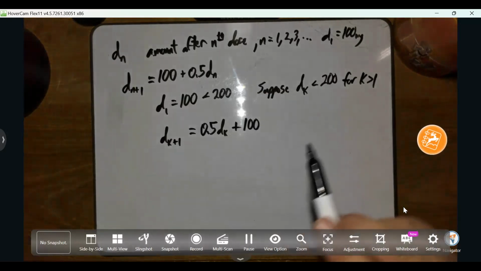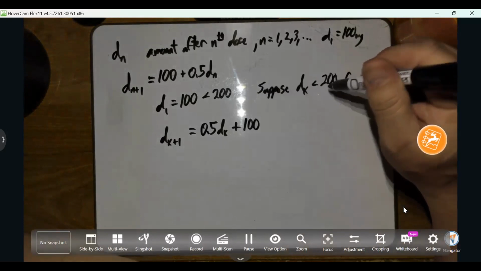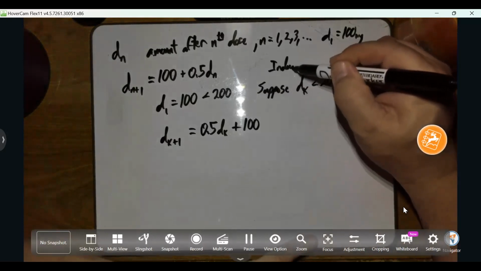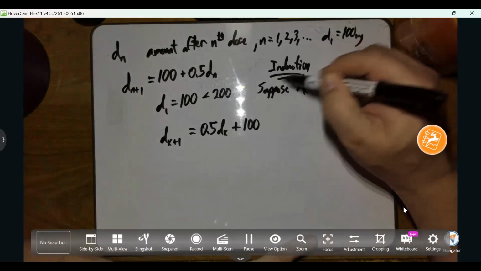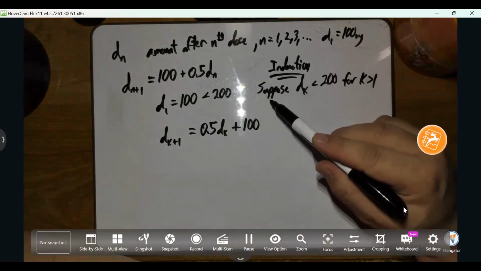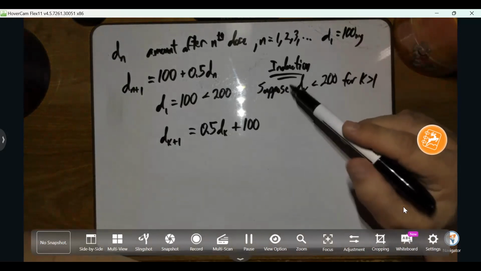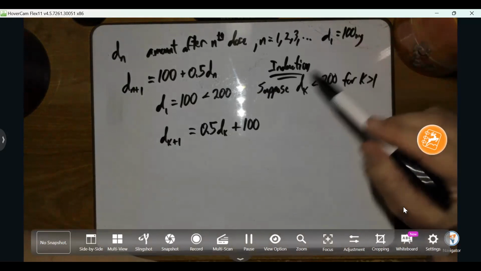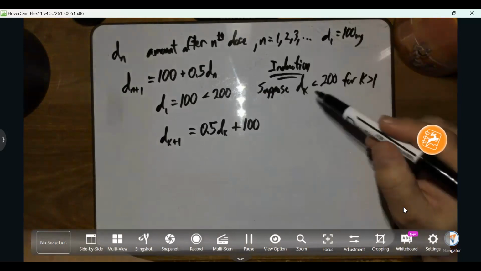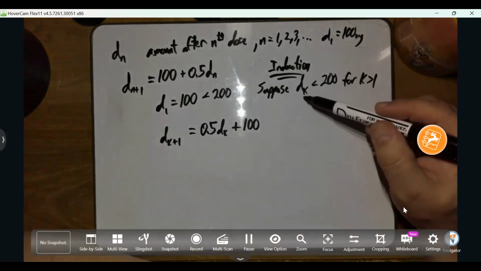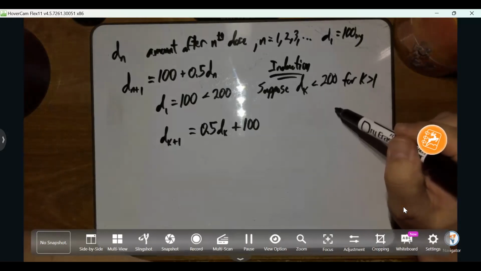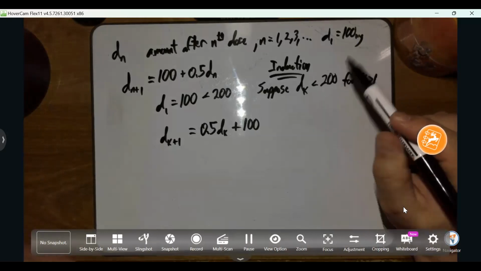So proof by induction, that's a tool you may have used before. What that means is you have to show that it's true for d1, and we know that d1 is 100, so that's less than 200. And then we'll assume it's true for dk and show that that means it has to be true for dk plus 1. That's how proof by induction works.